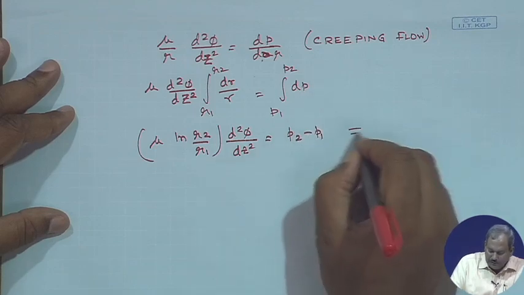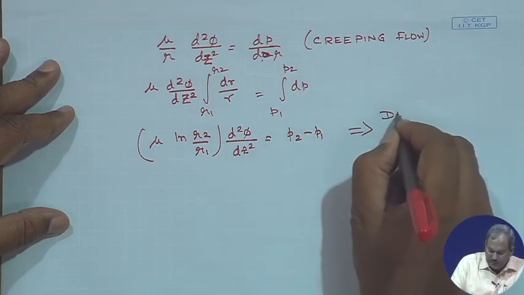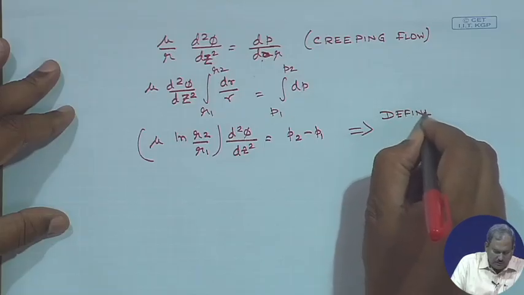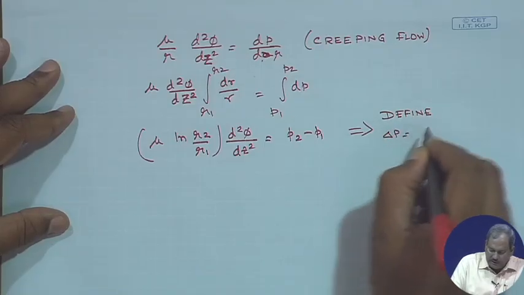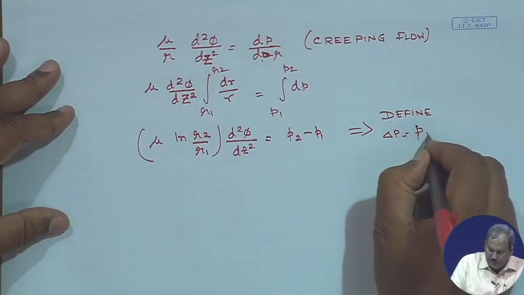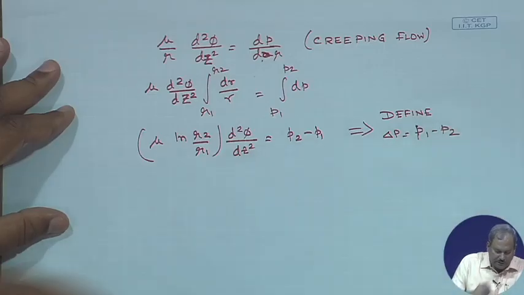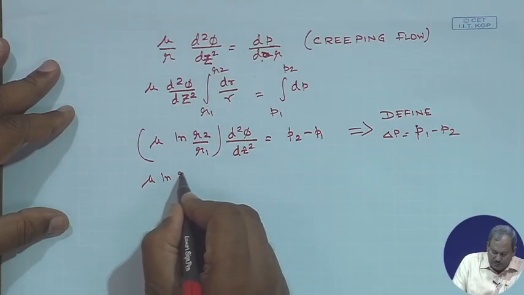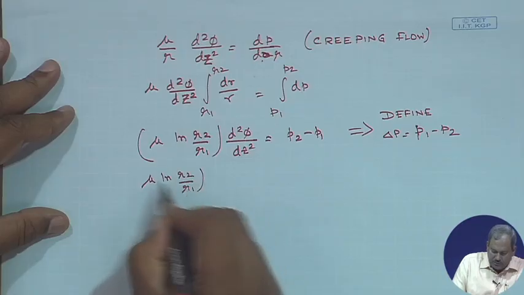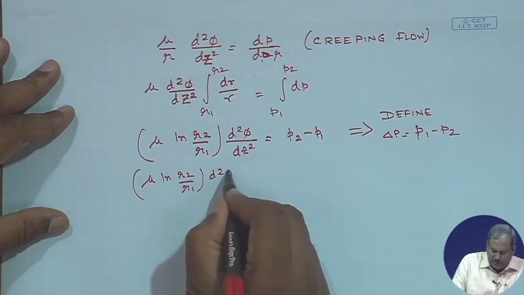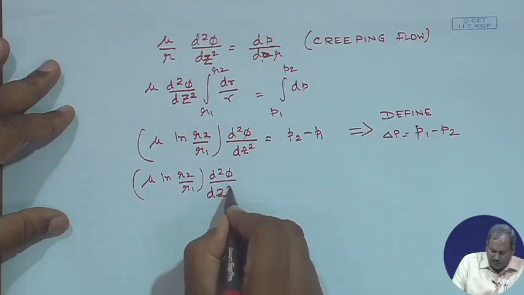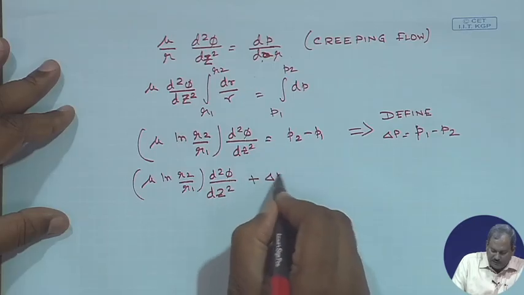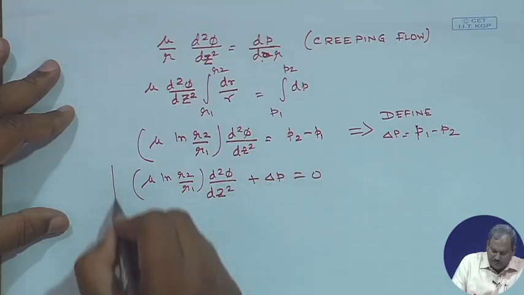So, if we define delta P is equal to P1 minus P2, then the equation would transform to ln r2 by r1 times mu d2 phi by dz square plus delta p is equal to 0.